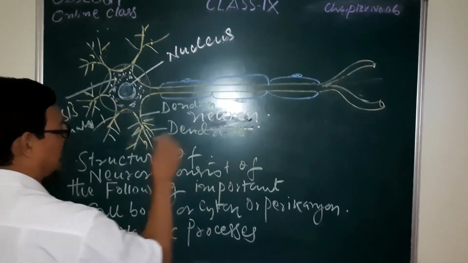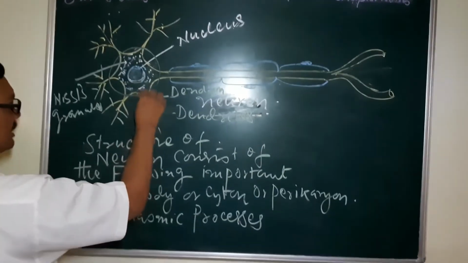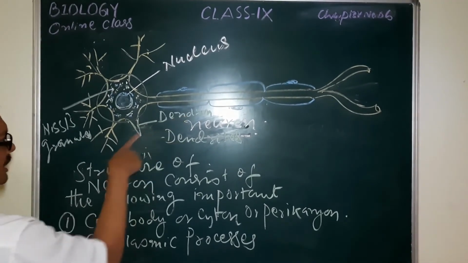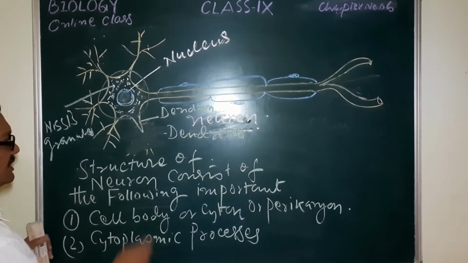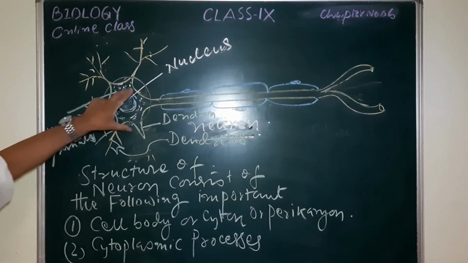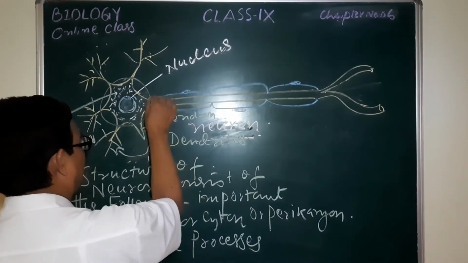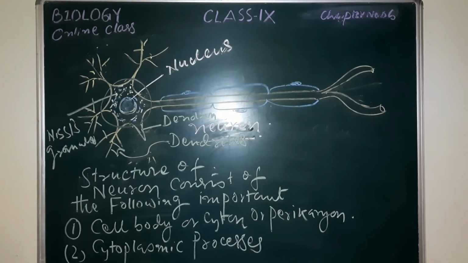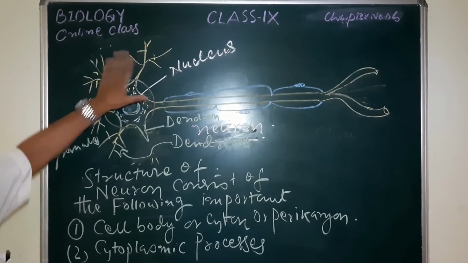If there is no branch, then you may call it dendron only, and when there is a branch, you may call it dendrites. Understand? So here is the first cytoplasmic process, that is the dendrite. The first cytoplasmic process, dendron or dendrite, is the shorter one with branches.